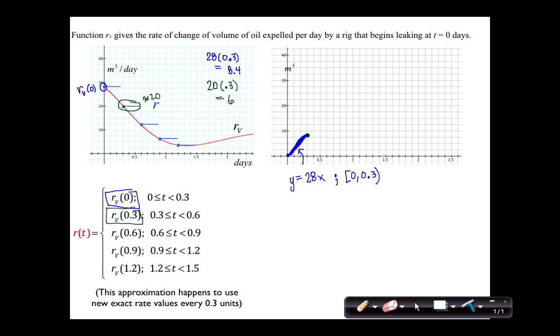Or if I wanted to know how much oil had spilled by time 0.6, just like what we did earlier, I'd say, oh, 8.4 plus 6, the amount that spilled during the first 0.3 days plus the amount that spilled during the second 0.3 days. So I'm starting at 8.4 and then increasing at this rate of 20, which makes me end up picture-wise at 14.4 by the time I'm at 0.6. So let's see if I can draw something reasonably accurate for 14.4.